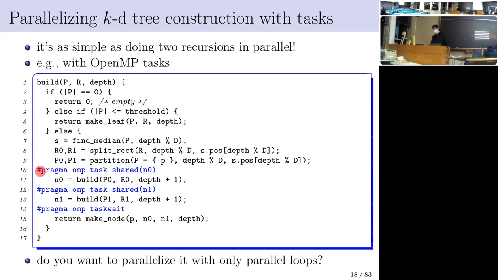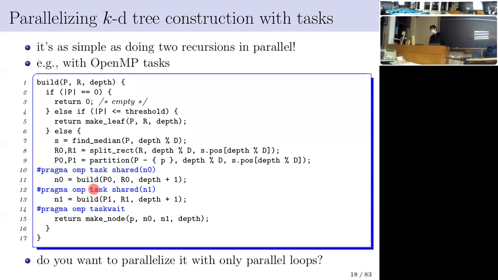Just to refresh your memory, this pragma omp task is a construct with which you say, please do the following statement concurrently with the caller, whoever calls it. While this recursive call to build is taking place, the caller actually moves ahead.